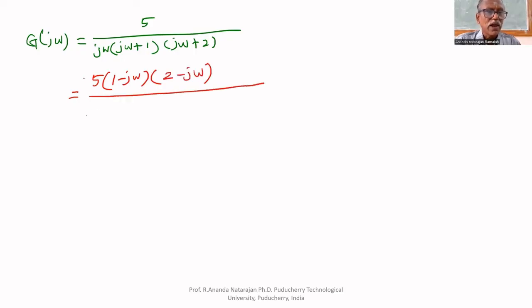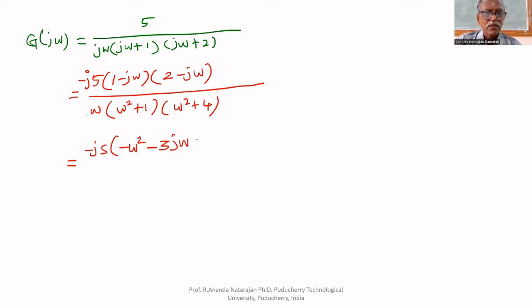If you multiply this, this j will come here, minus j. If you bring this j to the numerator, you will get minus j omega multiplied by omega square plus 1, omega square plus 4. So from this we can write minus j5, and what you will get is minus omega square minus 3 j omega plus 2, upon omega square plus 1, omega square plus 4.